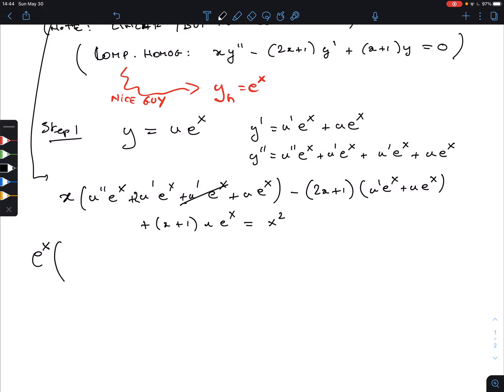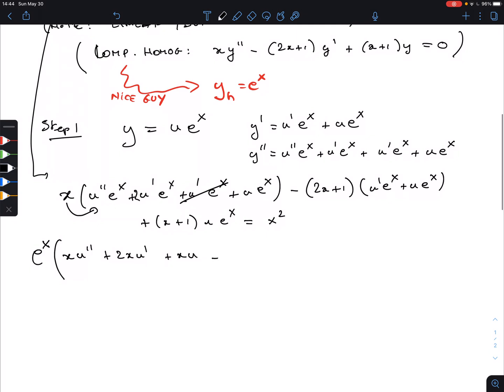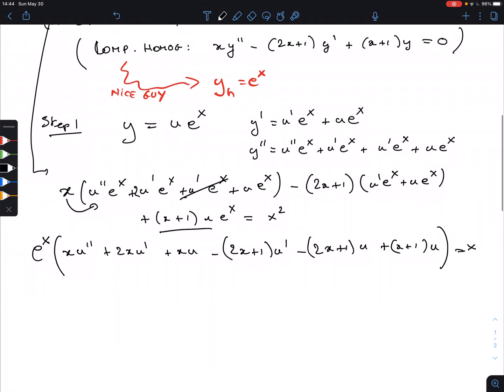This x multiplies here, so x u double prime plus 2x u prime plus x u. That is this part. Now here, the e to the x's are out, so we get minus (2x plus 1) times u prime, minus (2x plus 1) u, and then we also have plus (x plus 1) u. All this is equal to x squared.